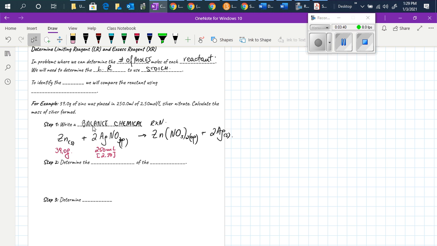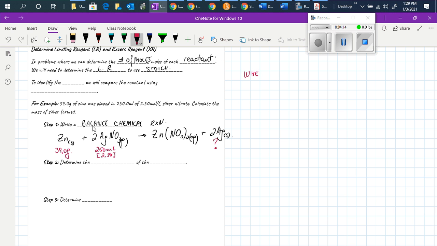And we are looking for the mass of silver formed. Everything on the reactant side is given, and this is the clue. When all the information for both reactants is given, then you are dealing with a limiting or excess reactant question. So put that as a note.